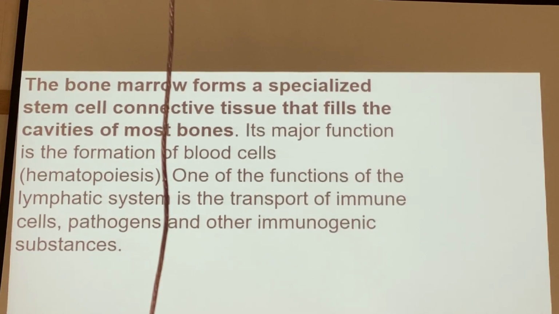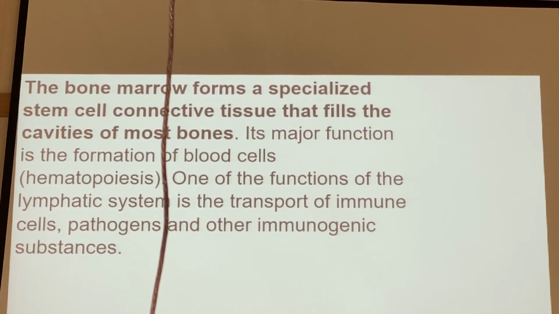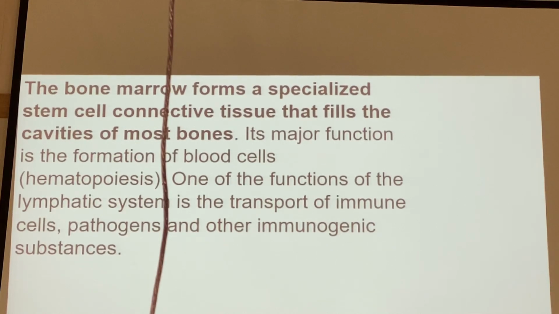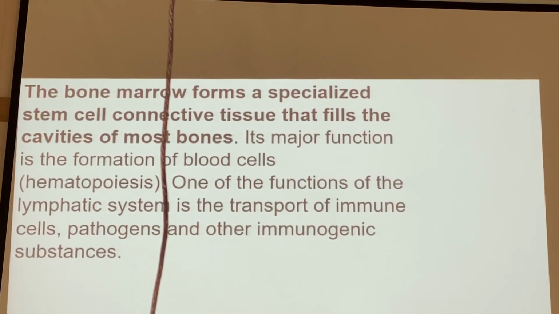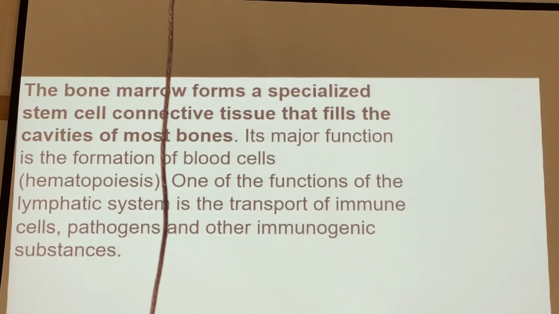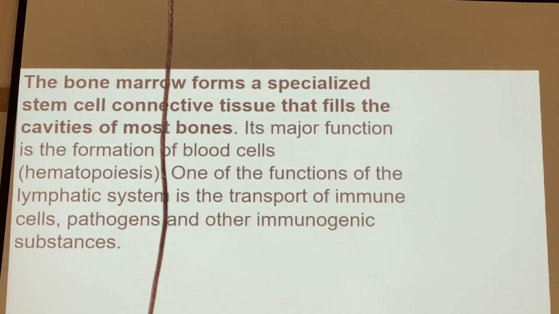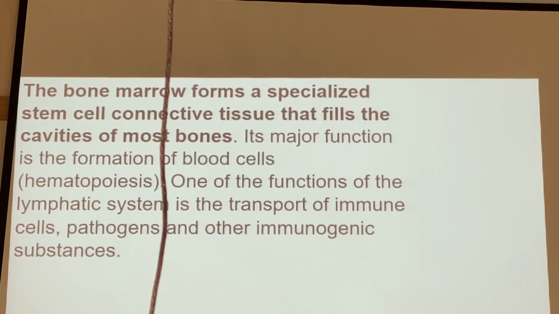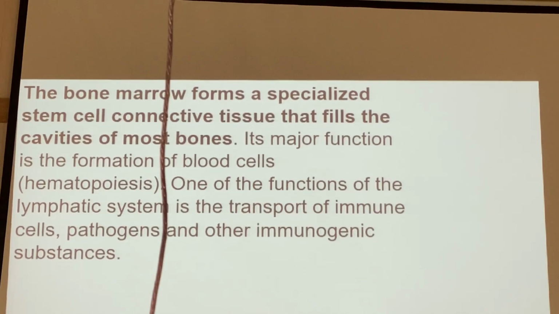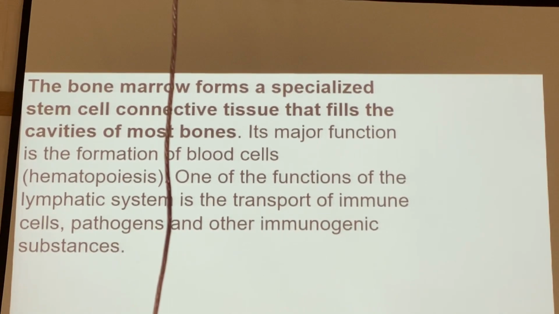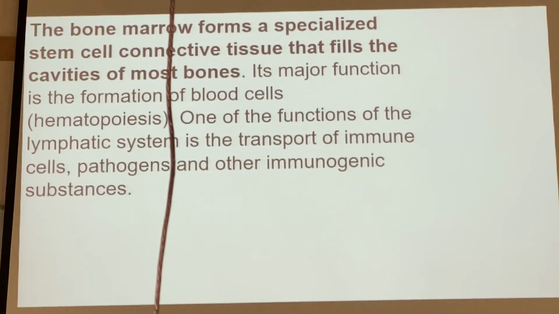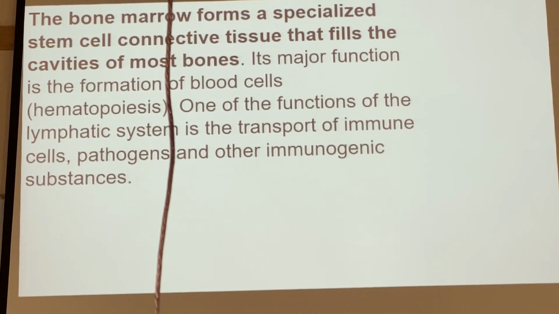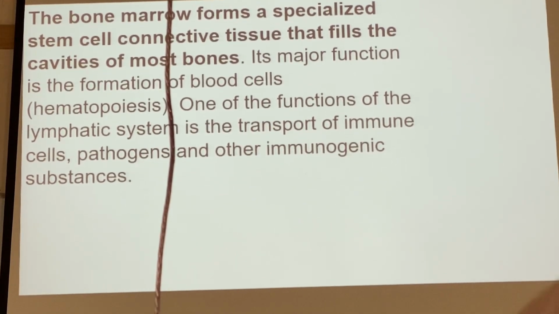You remember from your lymphatic course, we said the bone marrow and thymus are the primary lymphoid tissue. If it is primary, then we have secondary lymphoid tissue. Why did we say bone marrow and thymus are primary? Antigen independent area.